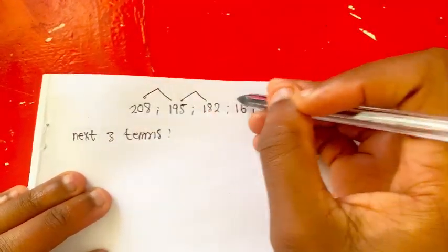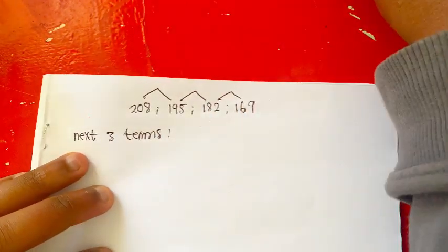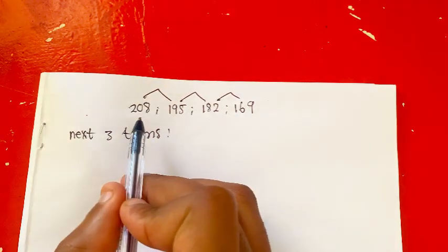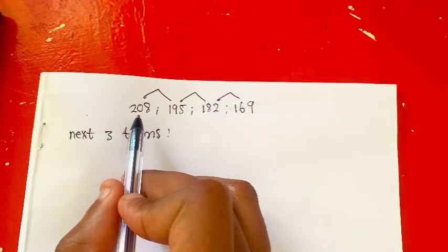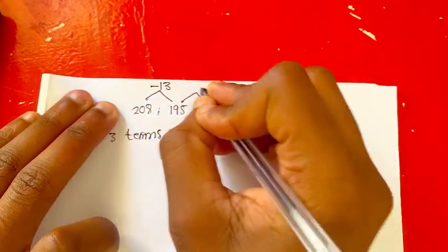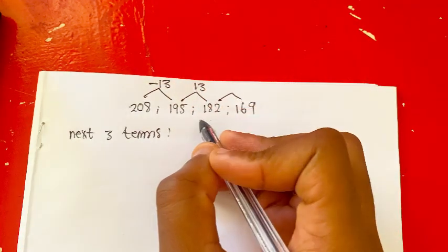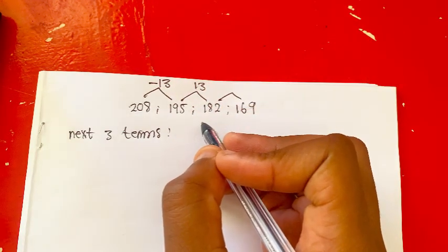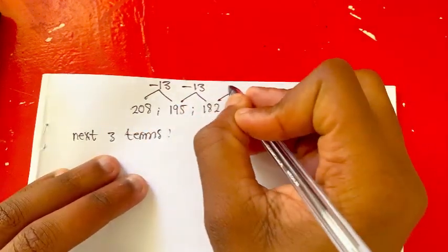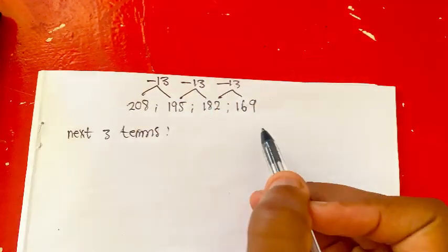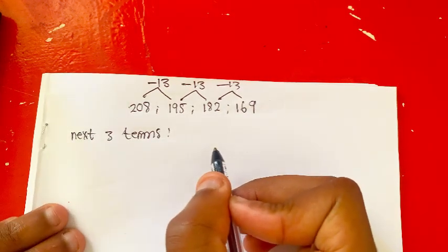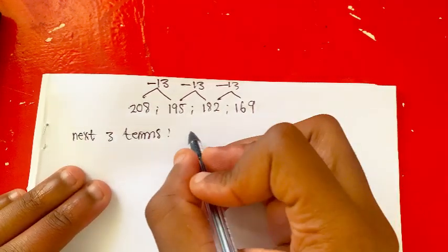You'll take the first values that you have. 208 to get to 195, you need to subtract. So you'll say 195 minus 208, which I found to be -13. 182 minus 195 also is a -13. So you've established that you're subtracting 13 each time, since we know that this is definitely a linear pattern.